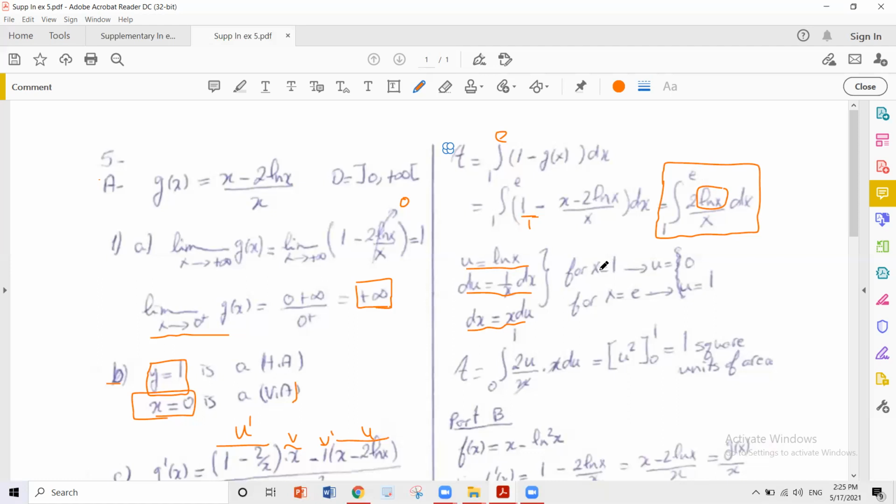We change the bounds. For x equal 1, u equals ln 1, which is 0. For x equals e, u equals ln e, which is 1. So the area equals the integral from 0 to 1 of 2u over x, with dx equal x du.